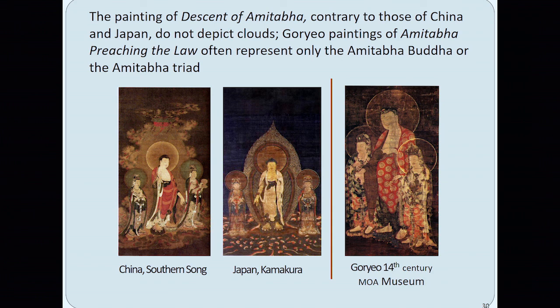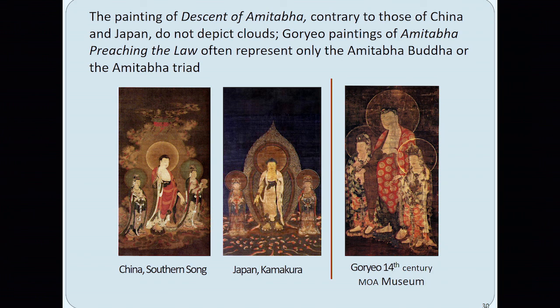For example, the Descent of Amitabha triad in the Moa Museum, that's the Korean example on the right, depicts only the Buddha and the Bodhisattvas, just like most other Goryeo Buddhist paintings of the same subject, even omitting the clouds. Thus, the deities appear to be floating, standing on lotus blossoms in midair.